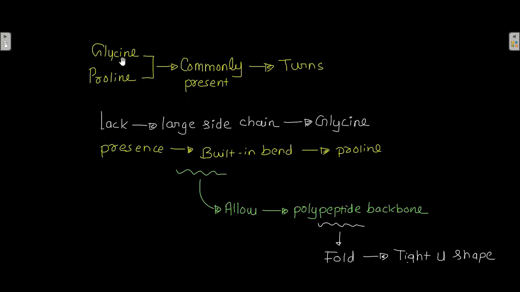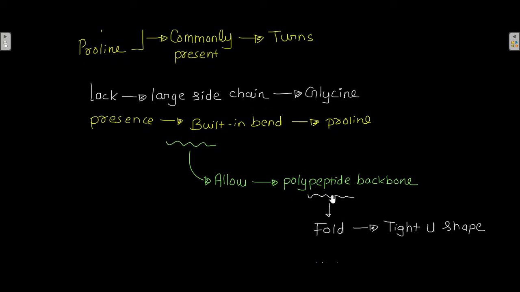Now glycine and proline, these two amino acids, are commonly present in a turn. There is a lack of a large side chain in glycine, and there is a built-in bend in proline, and these allow the polypeptide backbone to fold in a tight U shape.